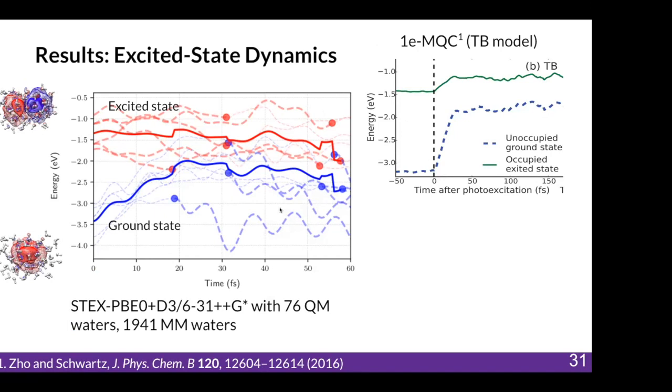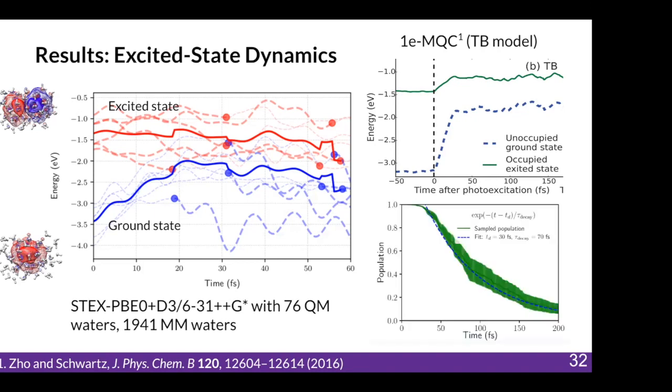This destabilization is not corroborated by recent TRPES results from Toshinori Suzuki. In fact, there should be a stabilization of the hydrated electron's excited state binding energy as a function of time immediately after the photoexcitation, which is something that's actually captured by our QM/MM results.